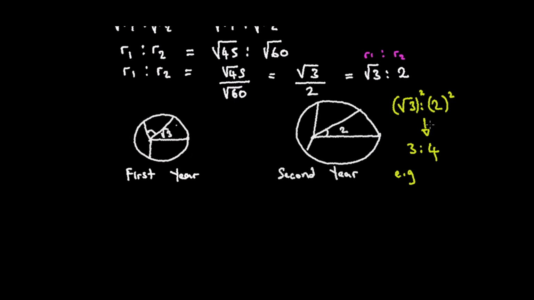Another example showing that this method cannot be used: let us say we have 1 is to 2, but here there is a square root. So we know that the square root of 1 is 1, so this is actually equal to 1 is to 2.